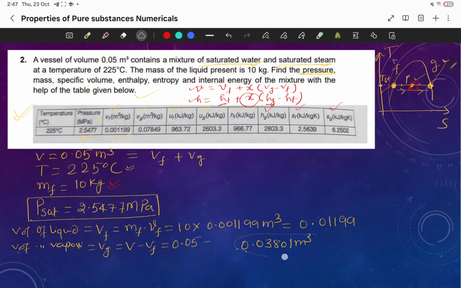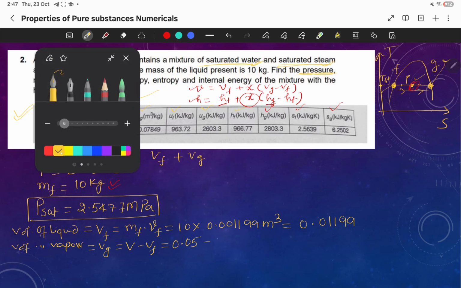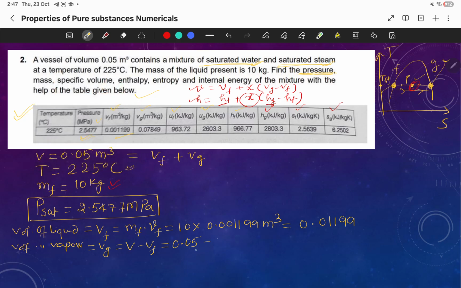Okay, delete this, it was wrong. So from V minus Vf, with V being 0.05, we will get 0.03801 meter cube.